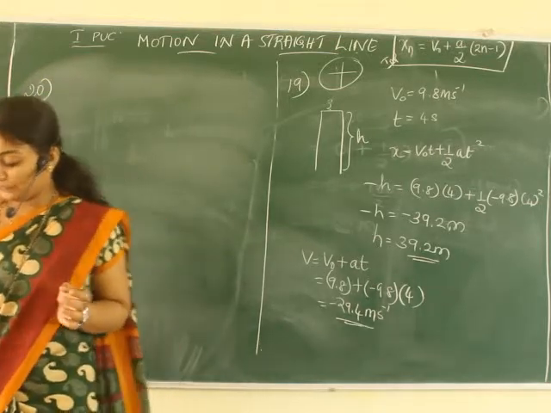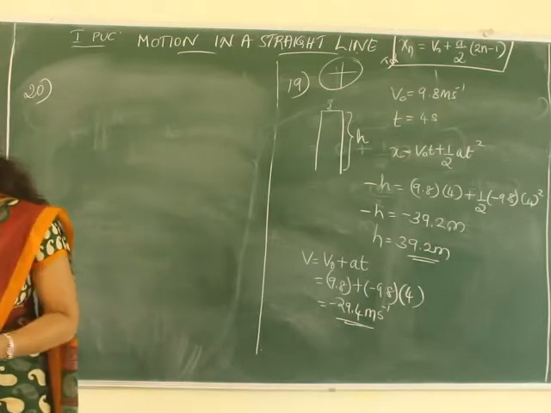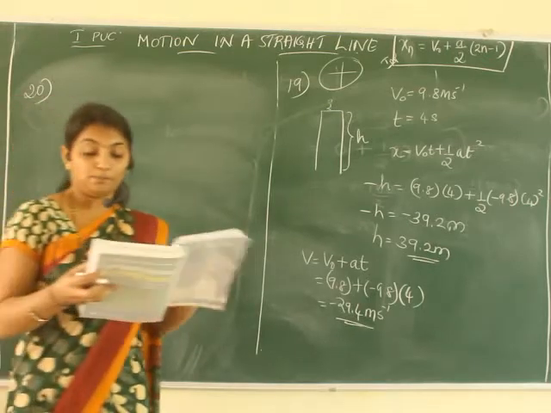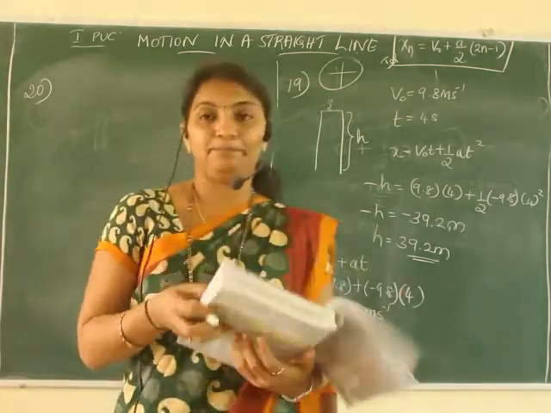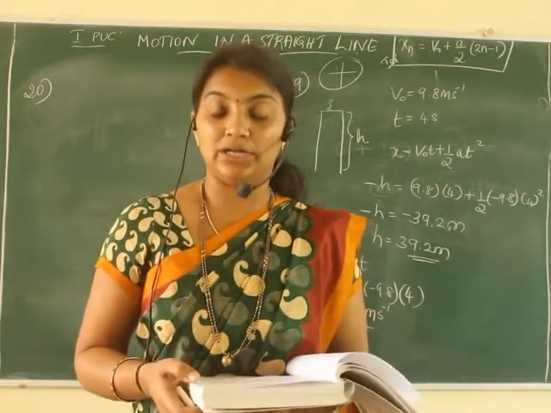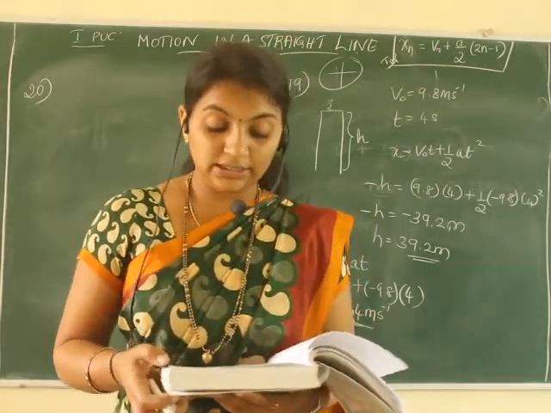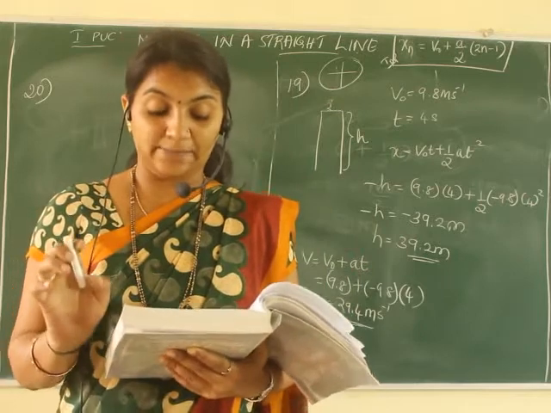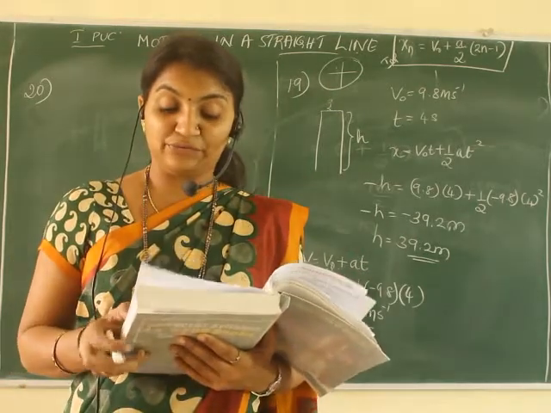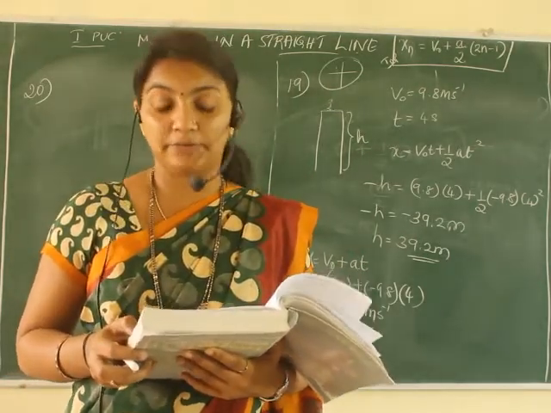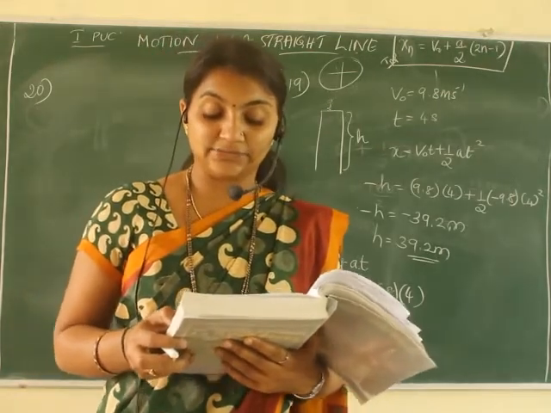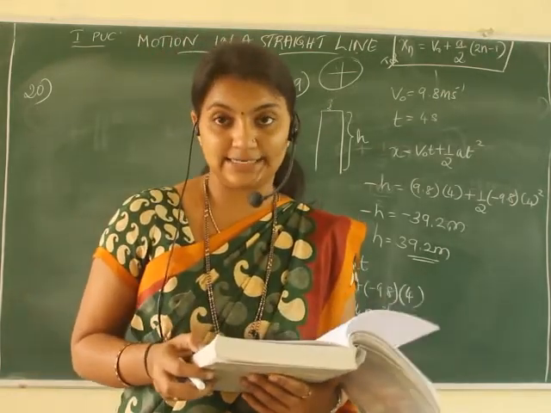Water drops fall at regular intervals from a tap 5 meter above the ground. The third drop leaves the tap at an instant when the first drop touches the ground. What is the height of the second drop at that instant?